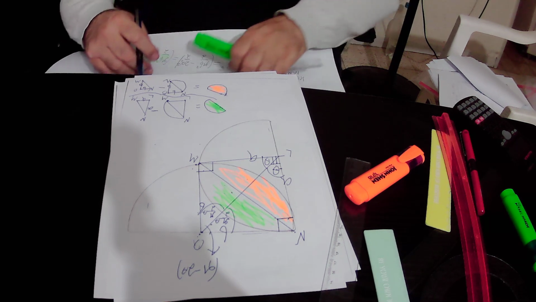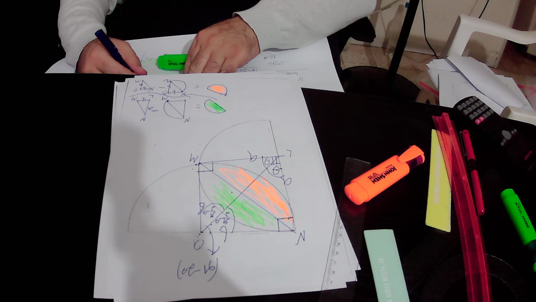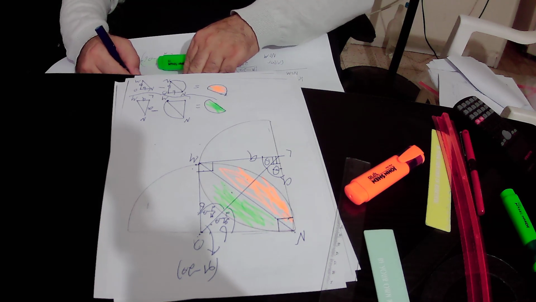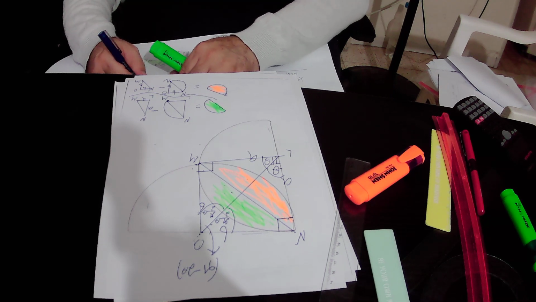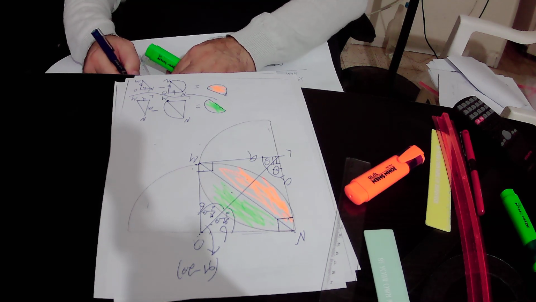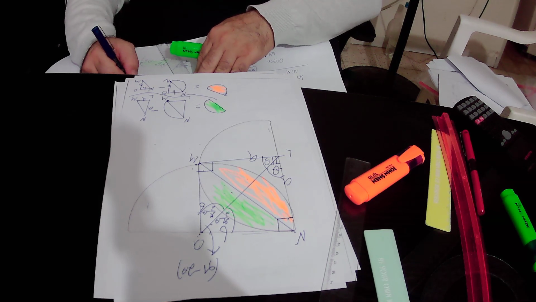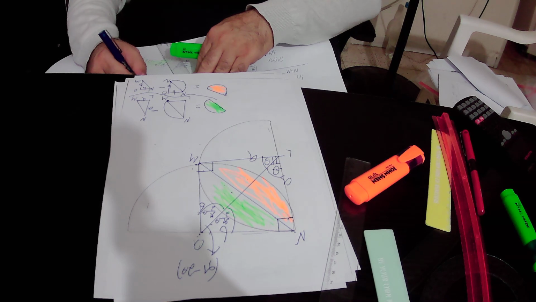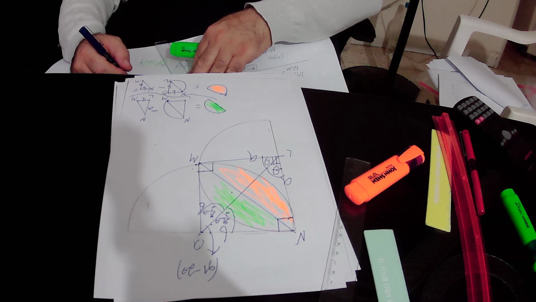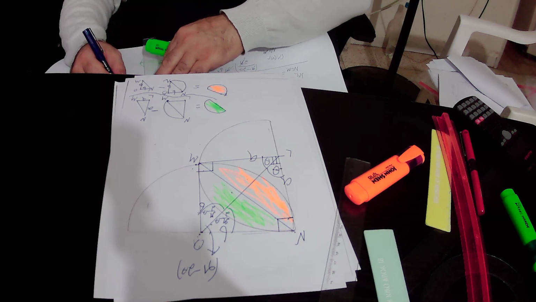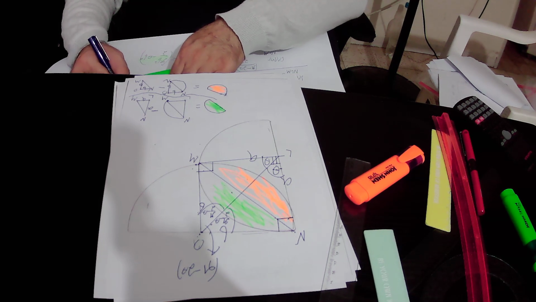So here we have to subtract the area of triangle NLM and also the area of triangle NOM.